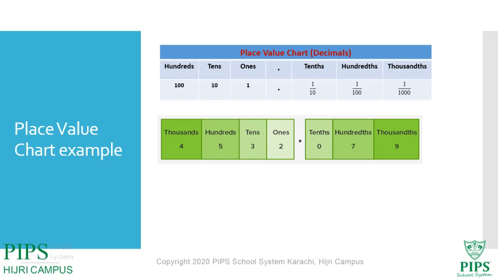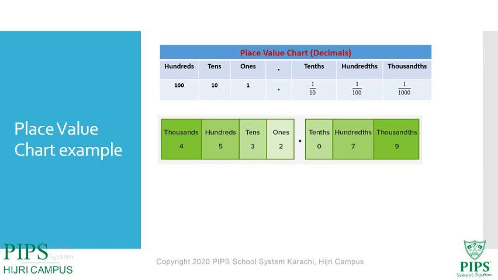Here ones is 1, tens is 10, hundreds is 100. The value coming in the hundreds part is written in hundreds, the value in the tens part is written in tens, and the value in the ones part is written in ones.